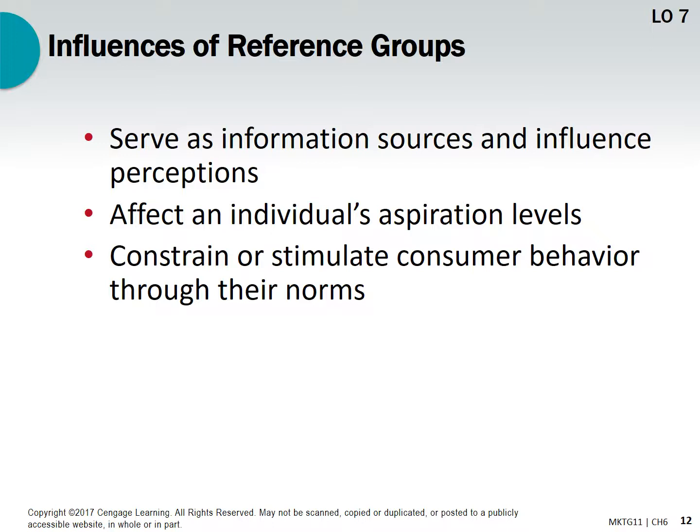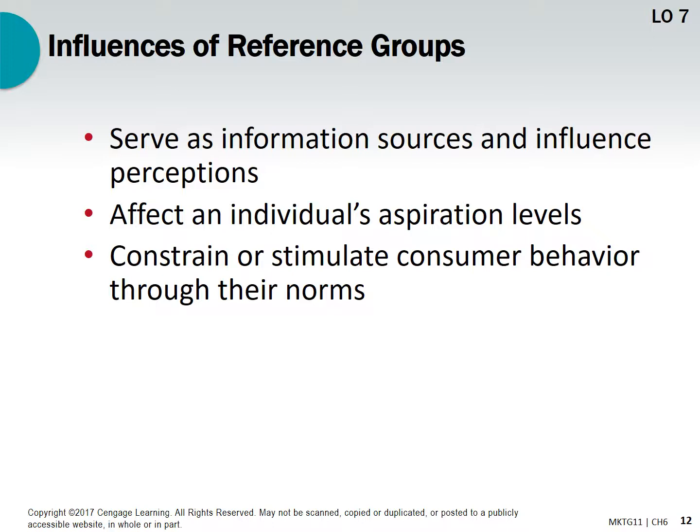A reference group consists of all the formal and informal groups that influence the buying behavior of an individual. They learn from observing how members of the reference group consume, and they use the same criteria to make their own consumer decisions.